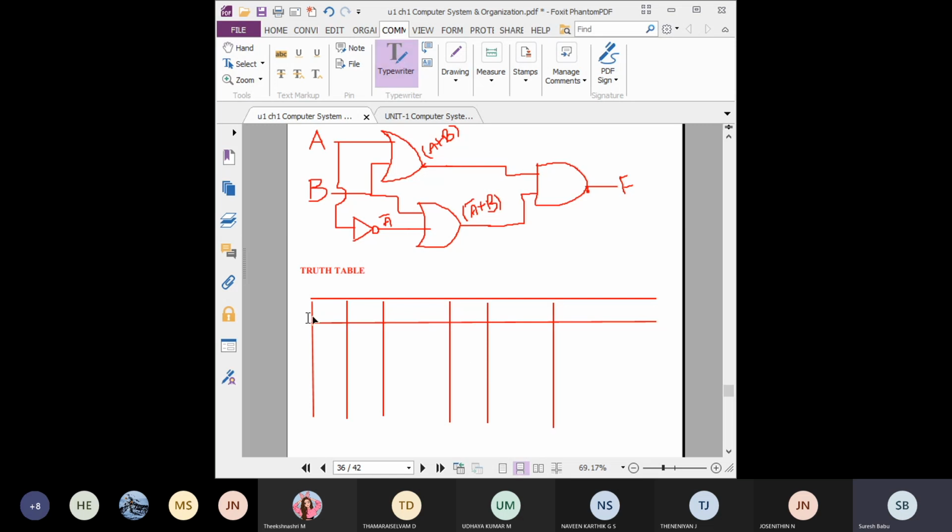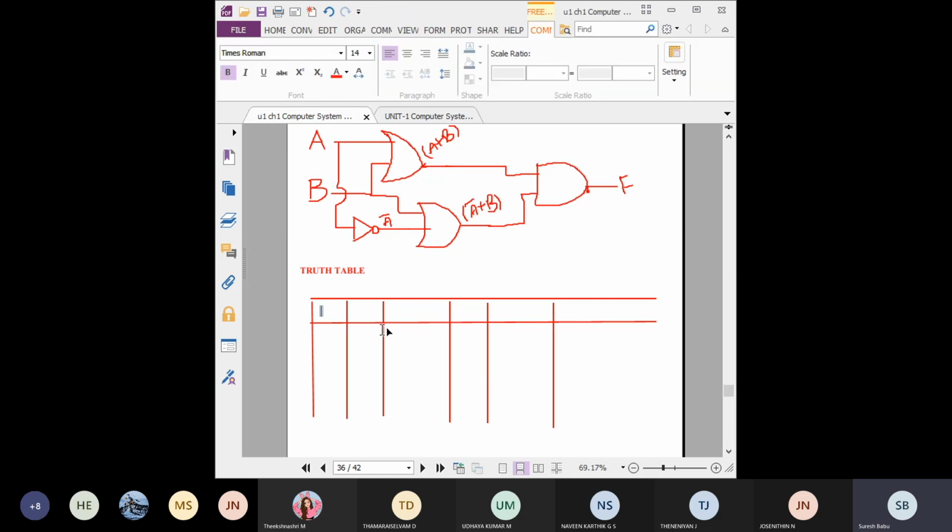Now we have to write whatever we need here. The first input is A. Then you write the B input. Finally, we have to calculate the intermediate outputs. So start with A plus B, then A bar, which I will write later.